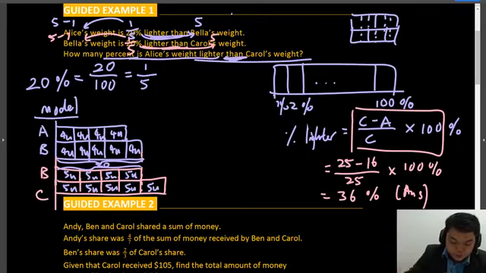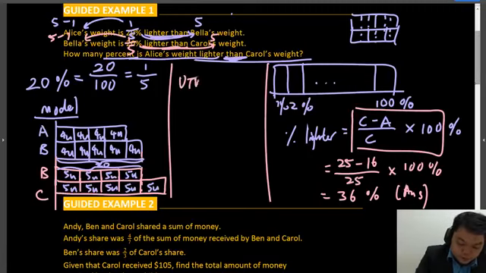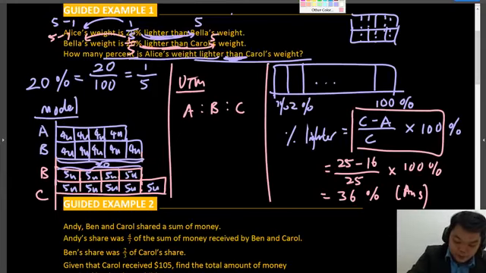Okay, so the way to compare this by ratio is going to be to list out A, B, and C. Okay, and you have to be aware that between A and B, you are comparing them on one layer first.